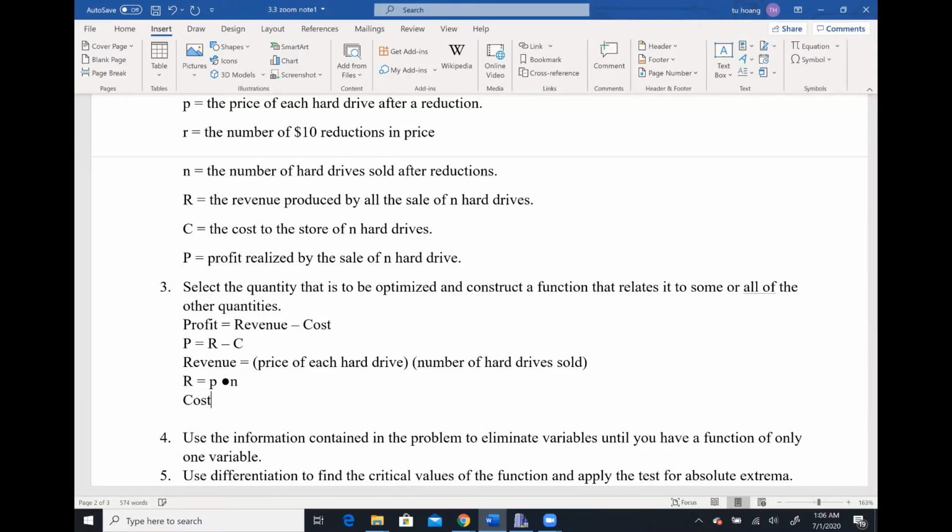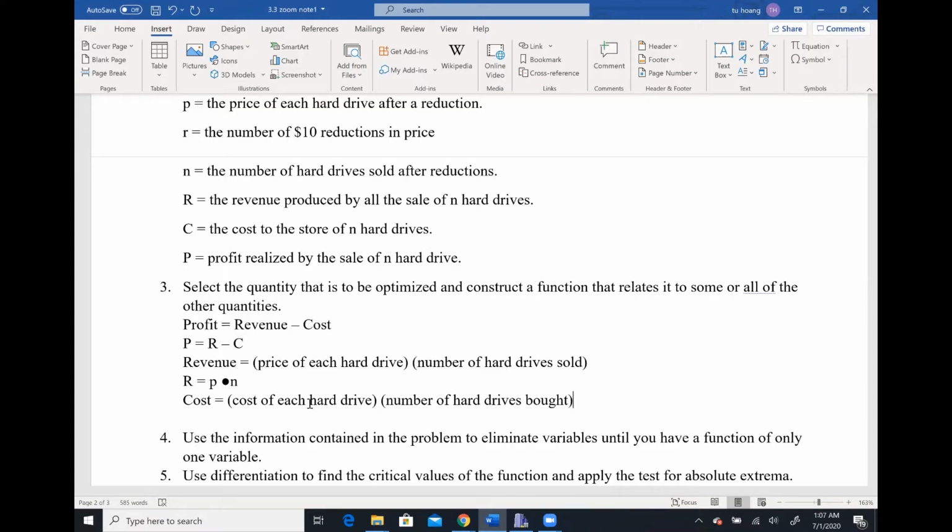You should know that the cost to the store of N hard drives has to be equal to the cost of each hard drive multiplied by the number of hard drives that she has purchased or bought.